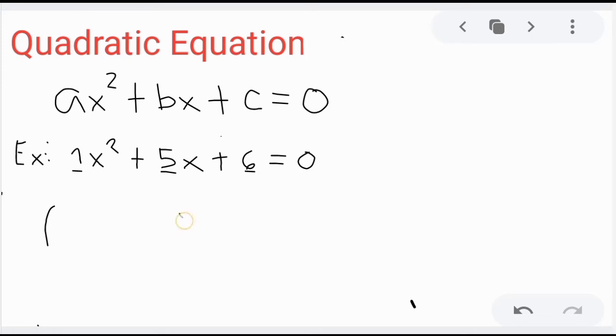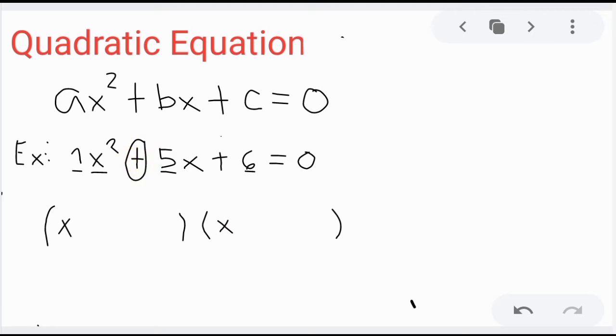It should always be equated to 0. And if we deal with quadratic equations and we are going to look for the values of x, we usually use the factoring method. For example, let's factor the x squared. So we have x times x.